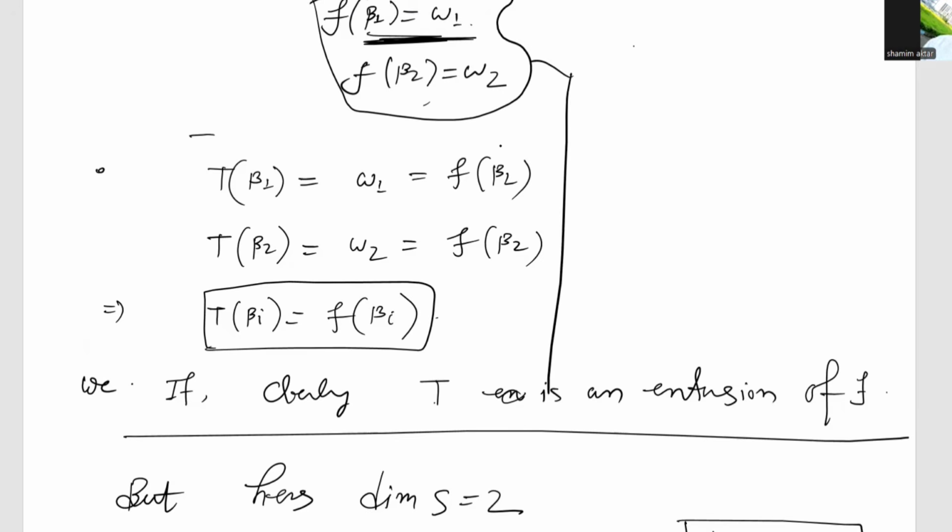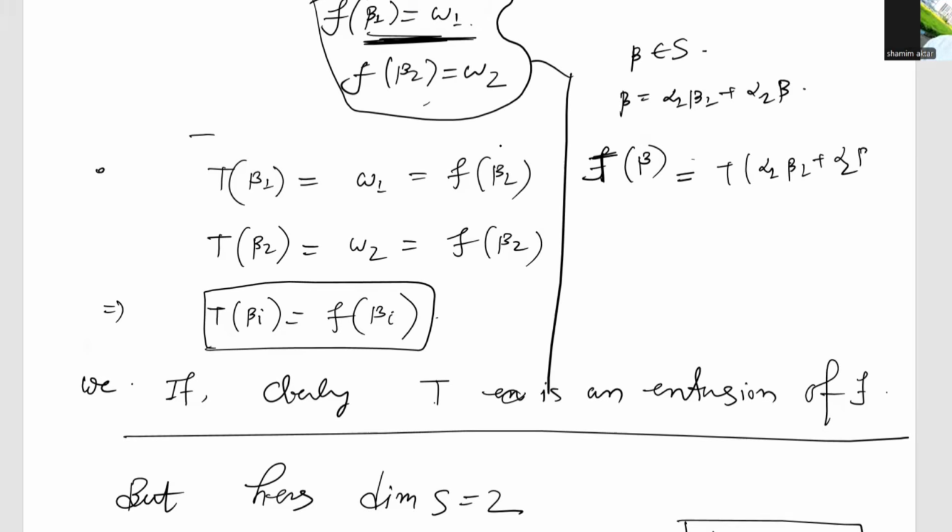Suppose any beta belongs to S. Then beta can be written as a linear combination of the basis elements, beta equals alpha 1 beta 1 plus alpha 2 beta 2. Now T of beta equals T of alpha 1 beta 1 plus alpha 2 beta 2.